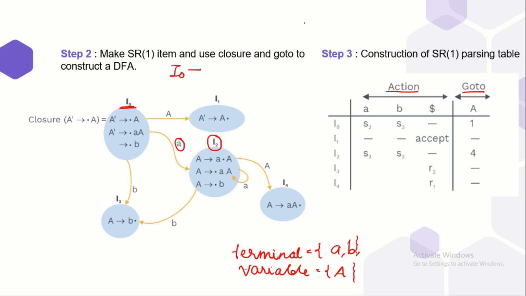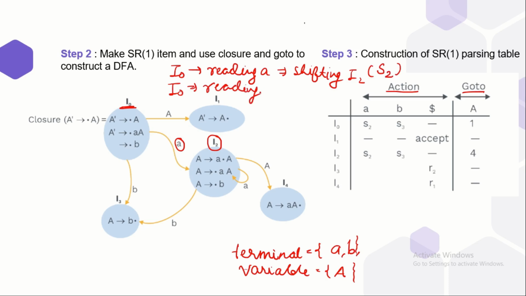I0 on reading a is shifting to I2. That's why we have written S2. If I0 on reading a shifted to I3, then we would say S3. Okay, got the point.